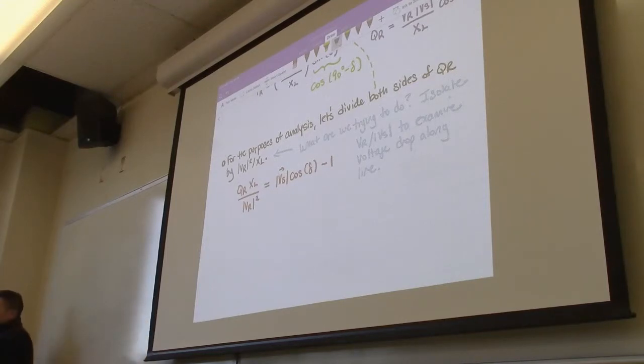What we're trying to do here, and the reason why we're doing a couple of these changes, is we want to look at the voltage drop along the line.